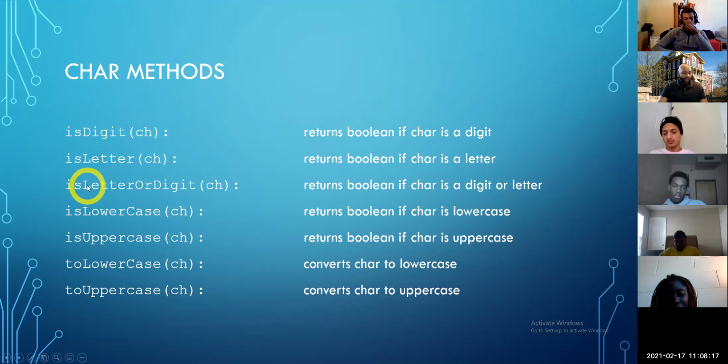You can also ask, is it a letter or digit, right? So for example, if it's a special character, this will return false. If it's a letter, it returns true. If it's a digit, it returns true. isLowerCase, isUpperCase, or convert to lowercase or uppercase.